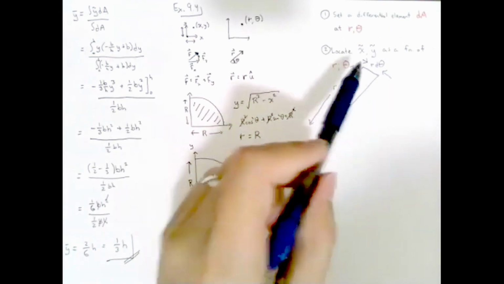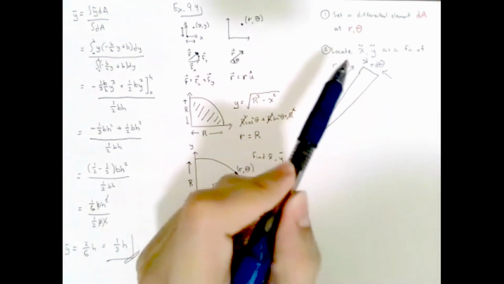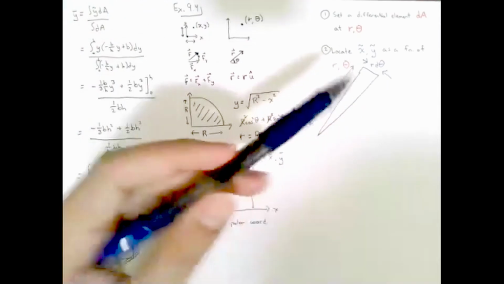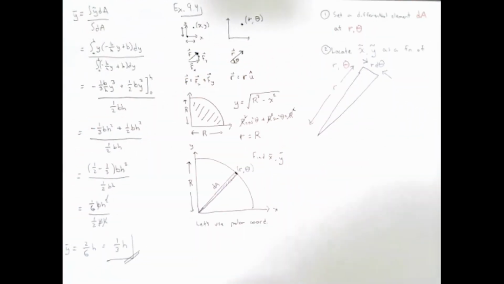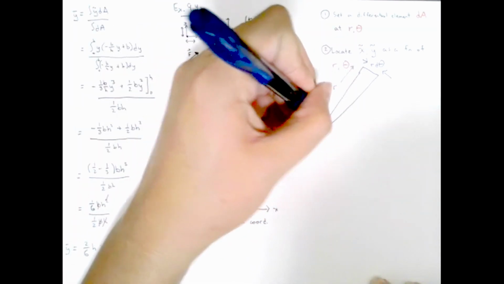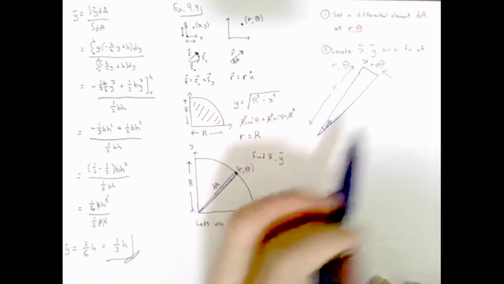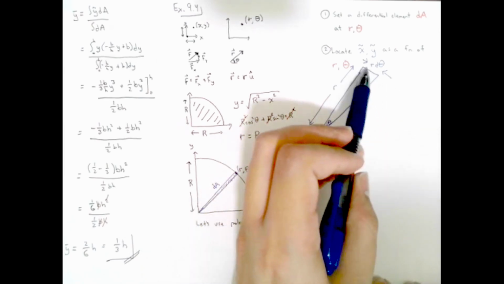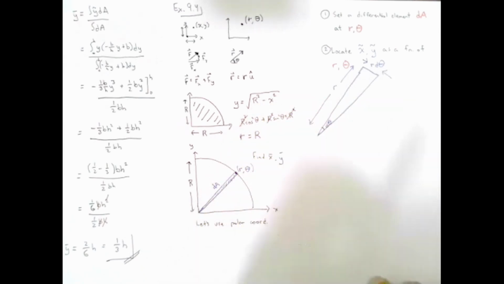Remember that the arc length of a circle is found by multiplying the radius times the angle of that arc length. So in this case, the angle of this triangular section is a tiny angle d theta. So it's a really, really small angle. Therefore, the arc length of this segment should be just r d theta.